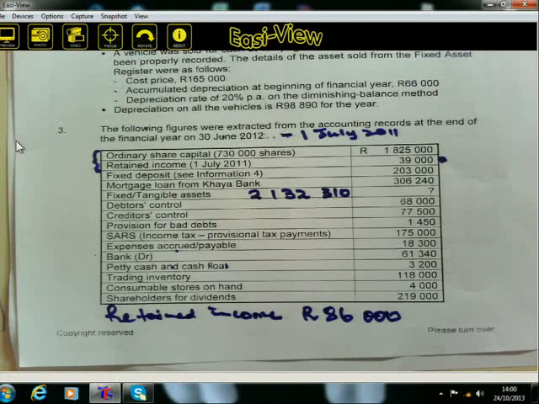Any questions from the previous activity, maybe from the learners, before proceeding to the activity of the day, so that at least we are on board with the activity of the day? In the absence of any questions, I can just say thank you very much, learners.